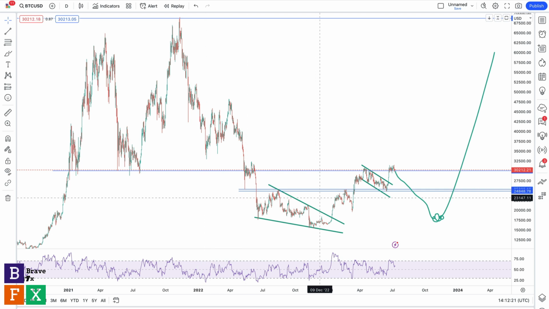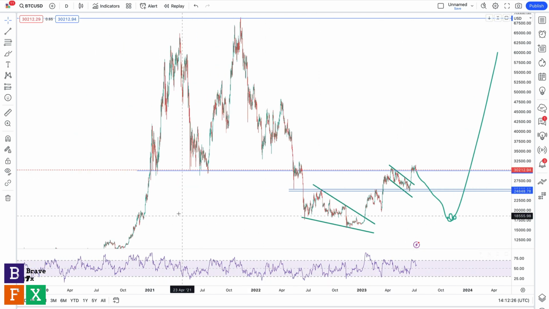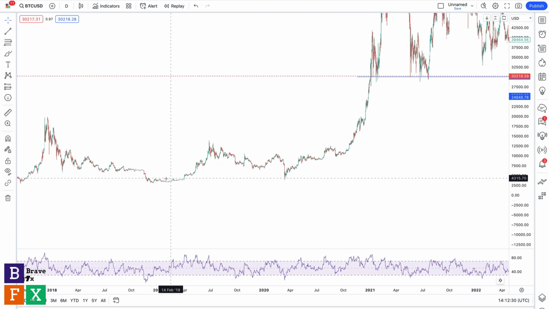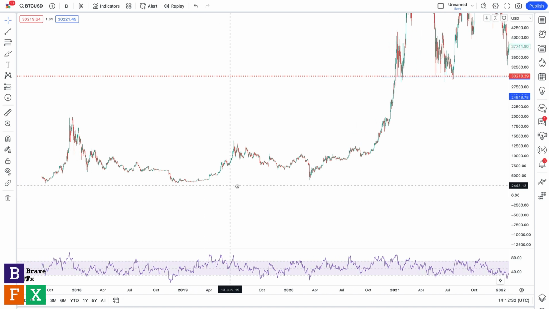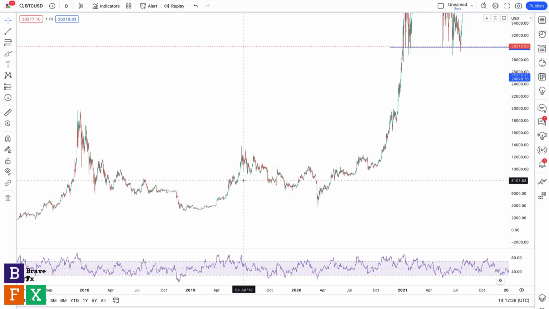Before I go down to the lower time frame, another reason why I believe we might see some bearish decline on Bitcoin is because in the last cycle, we're currently in July, right? If you go back to July 2019, after we hit the bottom during the bear market in 2019, at this same time, so this is June, during July 9th, that's when we started reversing to the downside.